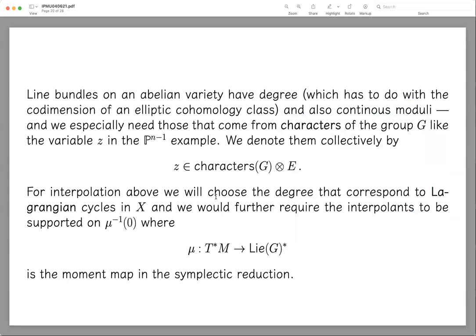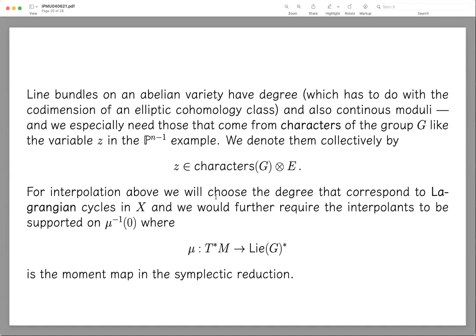And what we'll remember is that this interpolation, we will do it not for sections of one given line bundle, but in fact all possible line bundles of a certain fixed degree. We'll talk about degree in a second. The line bundles we want will be similar to projective space.